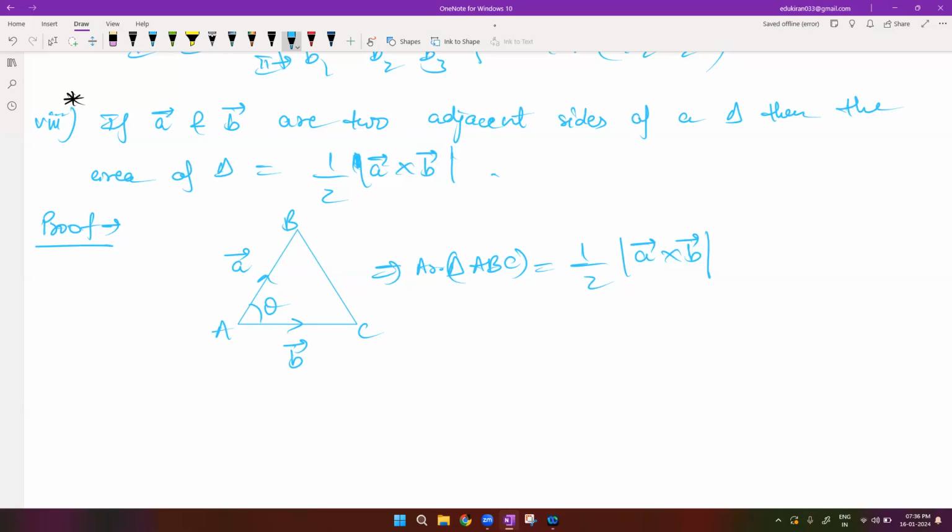We can find it using base and height. We can find it if we have all the sides of the triangle, which was Heron's formula, if you remember. Then in 10th, we found the area of a triangle using coordinates in coordinate geometry, right?